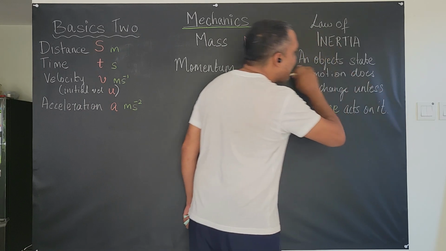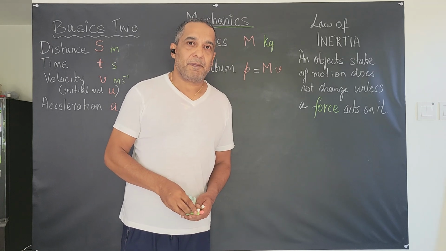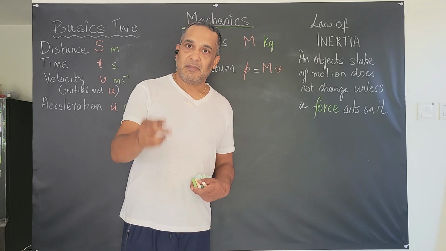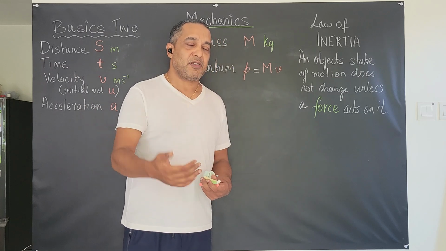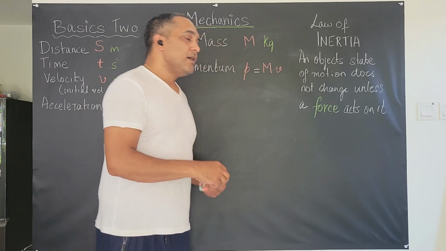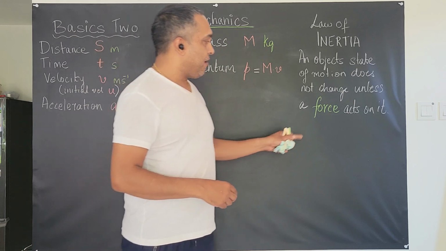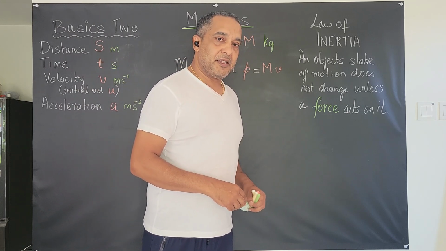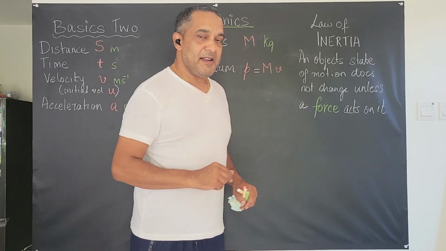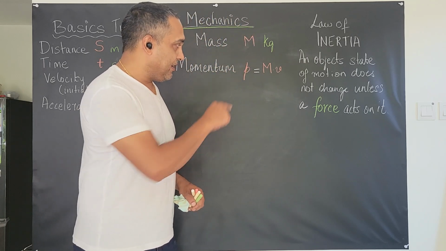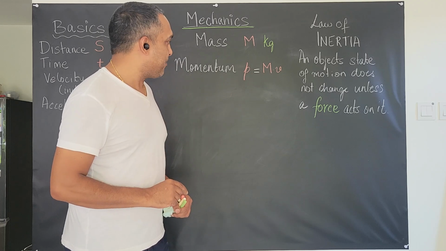A very, very simplified way of stating Newton's first law. Again, remember, textbooks classically will say an object at rest continues to stay at rest, or an object in motion continues to stay in motion until a force acts on it, right? And that is where we will get to this concept of force in the next part of our basics, because that is important, and forms the building block over which everything else gets set up, right?